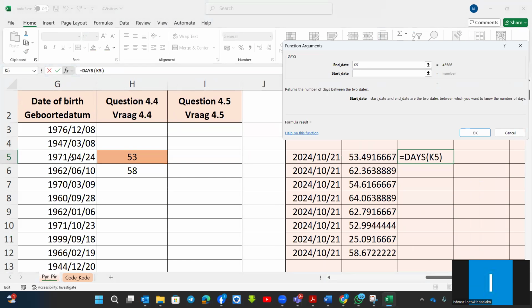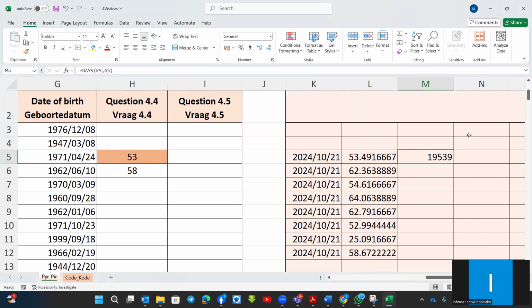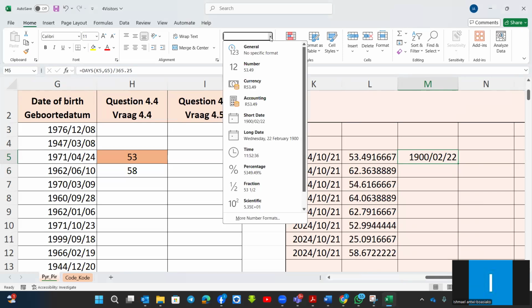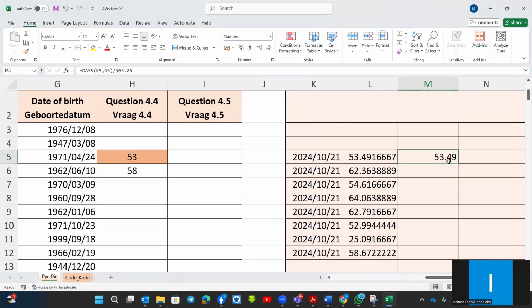The start date will be the date given to you. Now, after these days, you go to the formula bar and say divide by 365.25 because of the leap year, so we use 0.25. Then it gives us a date. Don't forget to change it to number. There we go. Then we can now convert it with the INT function.